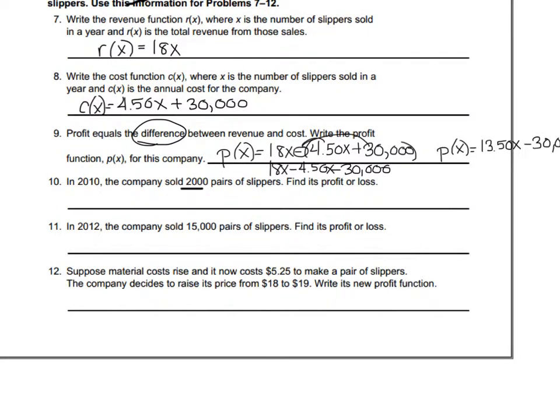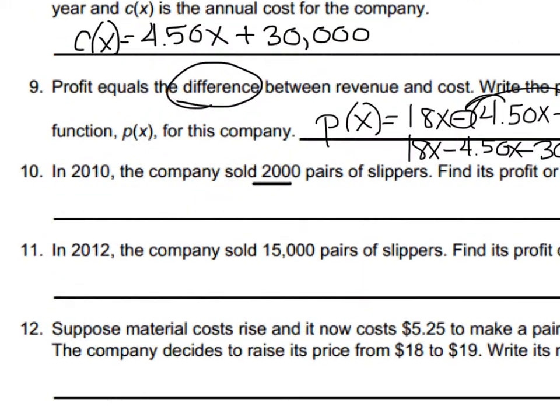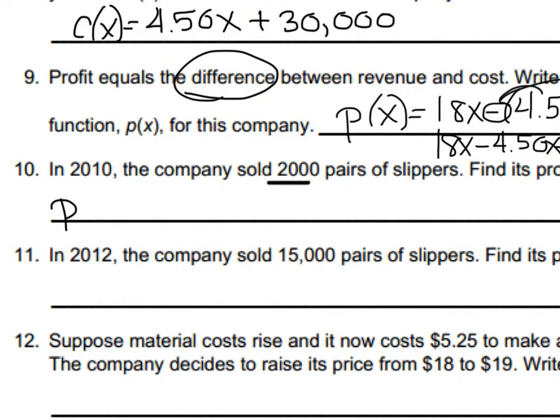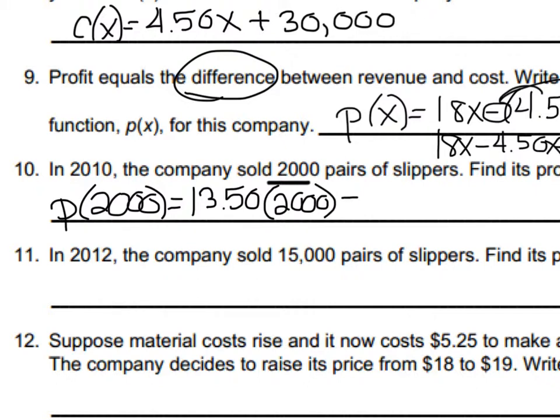So that means we'd be replacing x with 2,000. So P of 2,000 is equal to $13.50 times that 2,000. And then we have to subtract the 30,000 in annual costs.